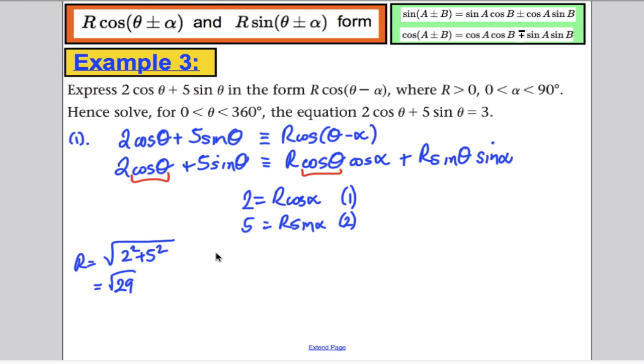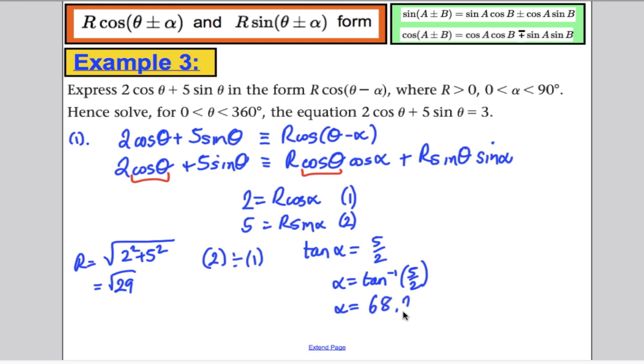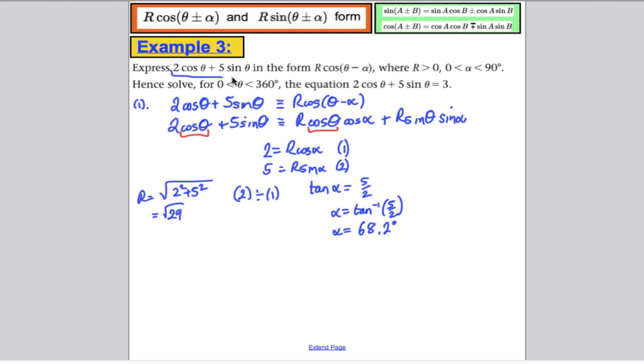And how do you find alpha? Well, you do equation 2 divided by equation 1, you get that tan alpha is equal to 5 over 2, so alpha is the inverse tan of 5 over 2. This time your answer is in degrees, so put your calculator in degrees mode and do inverse tan of 5 over 2 and you get 68.2 degrees.